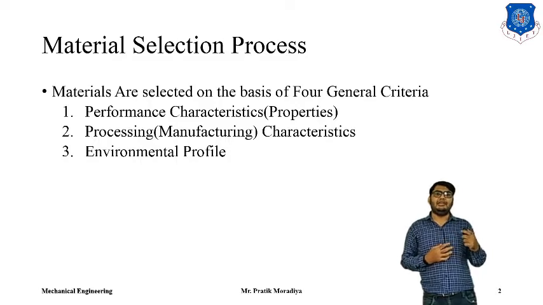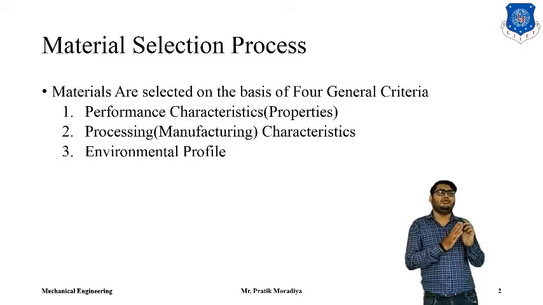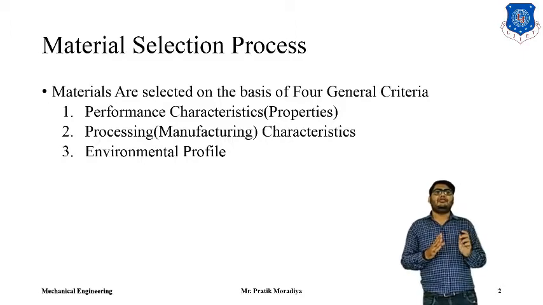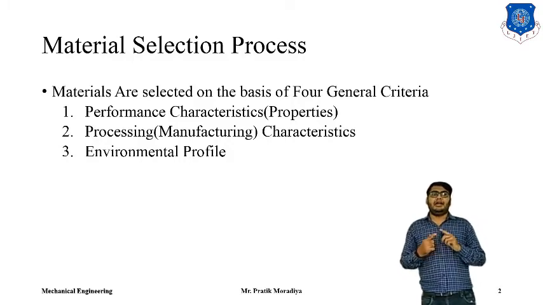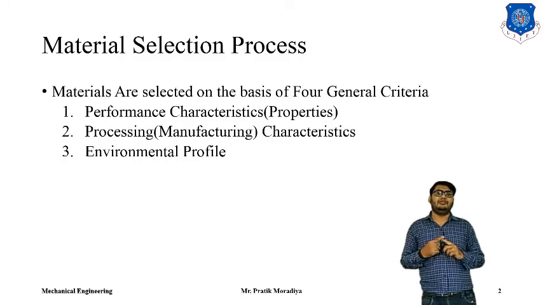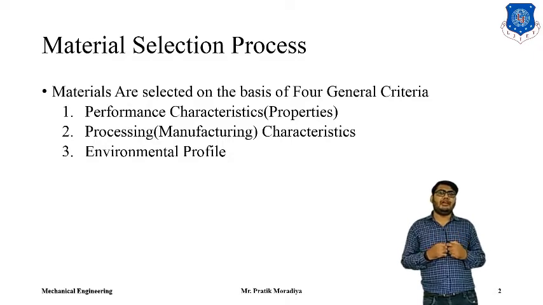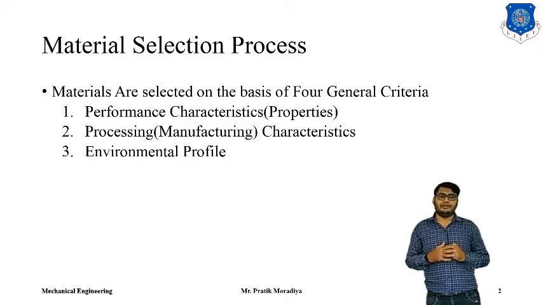Because metal can be easily recycled, easily extracted from the earth, and you do not have to dispose of it. While disposal of plastic is a very big concern, and processing and recycling is also a big concern because it is very energy consuming, and recycling also affects the environment very badly. So you also consider the environmental profile of the material.